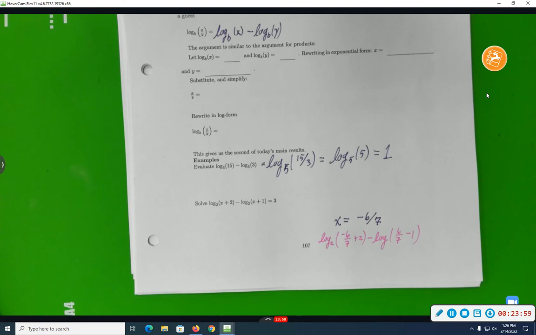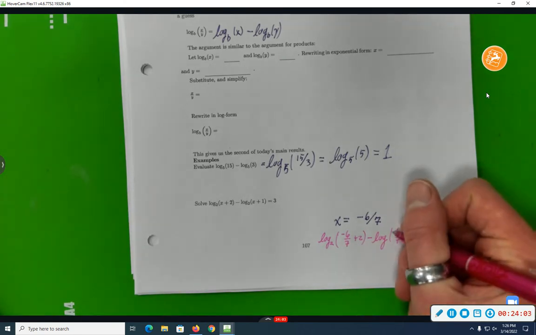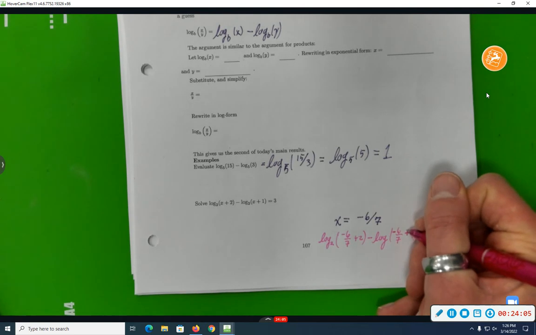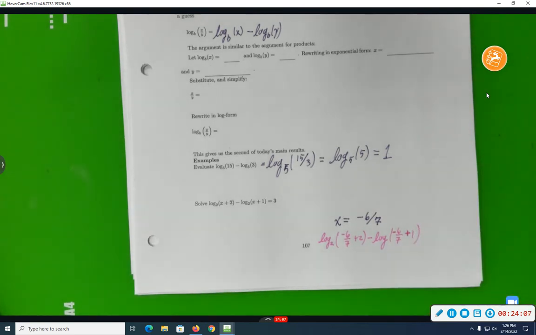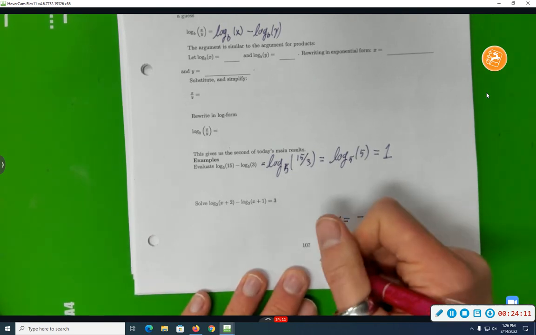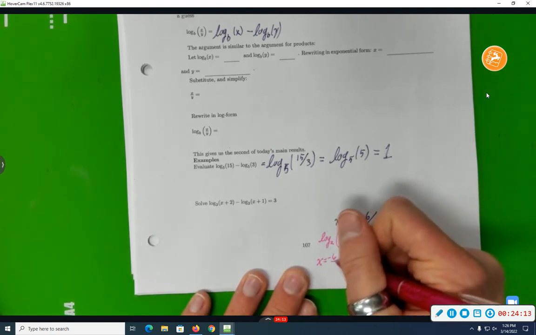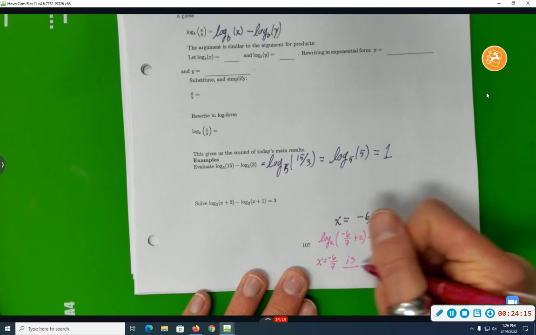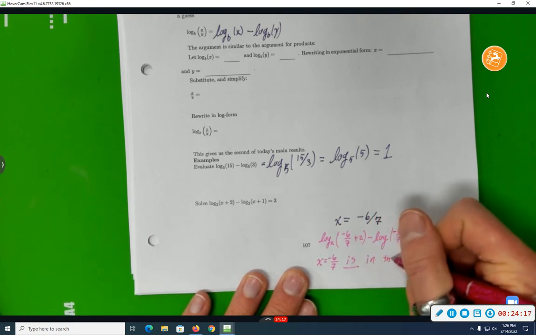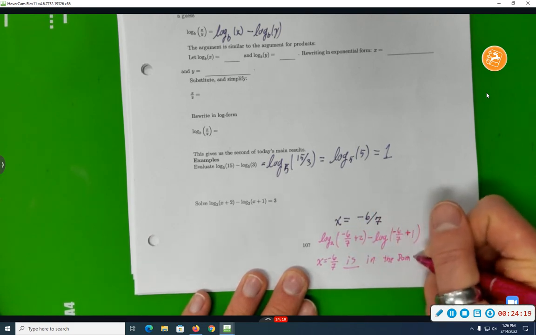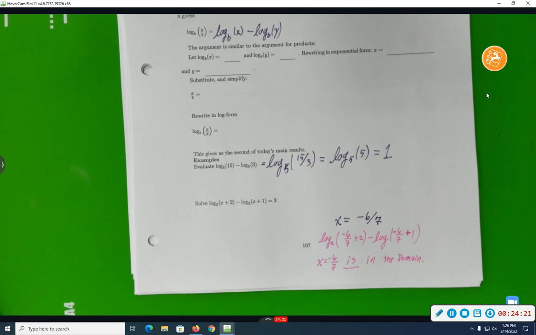Negative 6/7, yeah. Now, is it positive? Yeah, cool. So it's actually in the domain. Nice.